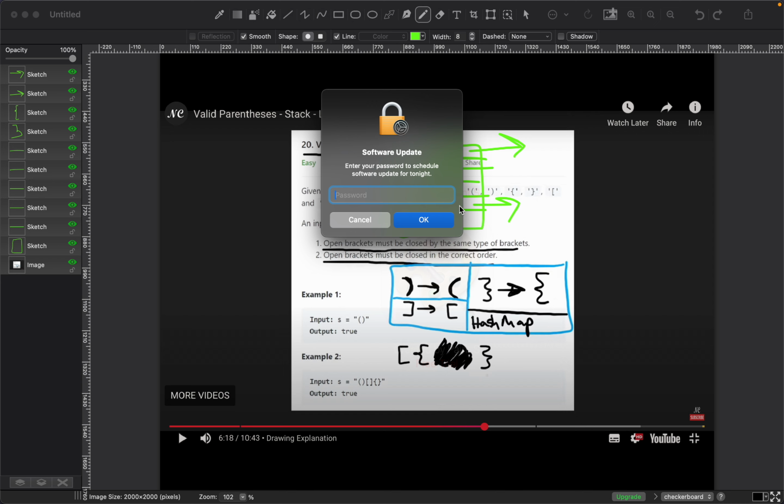I just realized that it's not my role to totally figure out how the mechanics of the coding actually work, in terms of how the stack interacts with the hash map per se.